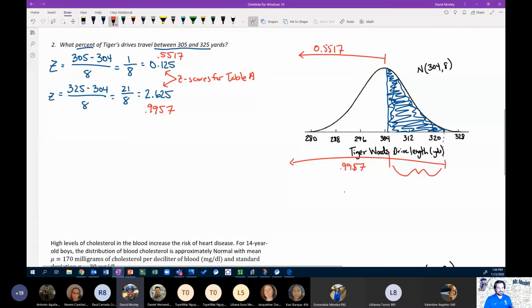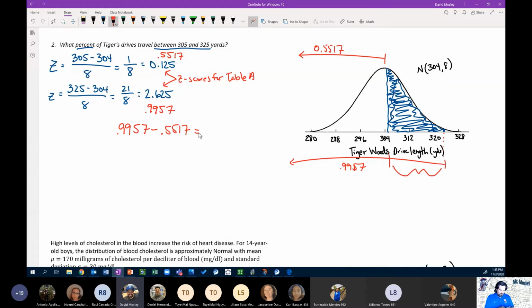To get that, I just subtract the 0.5517, that extra part to the left, from the 0.9957: 0.9957 minus 0.5517.